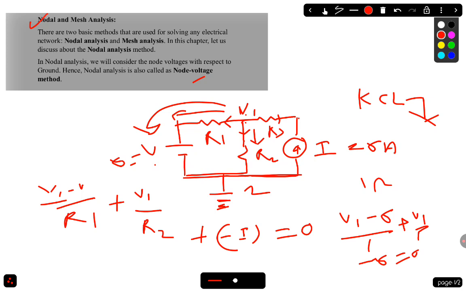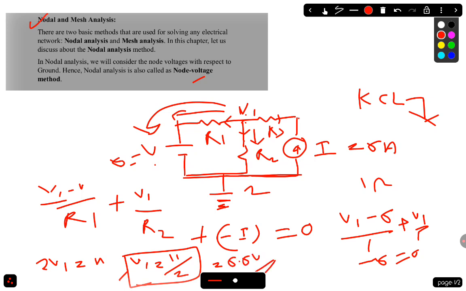From here we can calculate 2V1 equal to 11, so V1 equal to 11 by 2, that is 5.5 volt. This method is known as the nodal method.